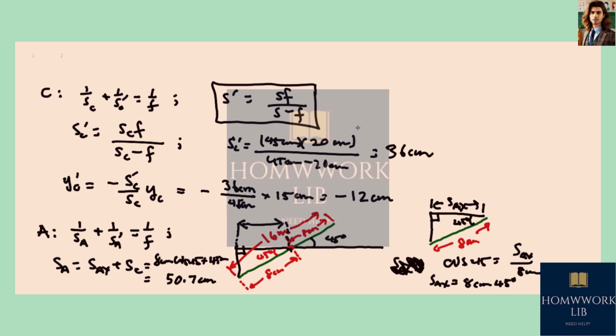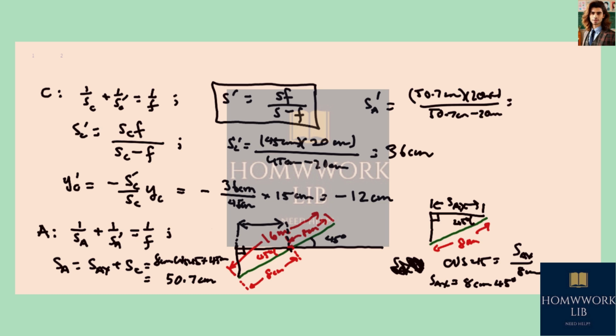Okay, so now that I have SA, I can again use this formula to find SA prime. So then SA prime is equal to SA times F divided by SA minus F, right? So that's 50.7 centimeters times F, which is 20 centimeters, divided by 50.7 centimeters minus 20 centimeters.